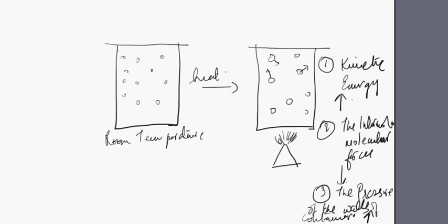So we have seen as we increase the temperature, the molecular motion also increases. And when temperature decreases, if you reverse this process, like if we freeze, what happens? This is the vessel.